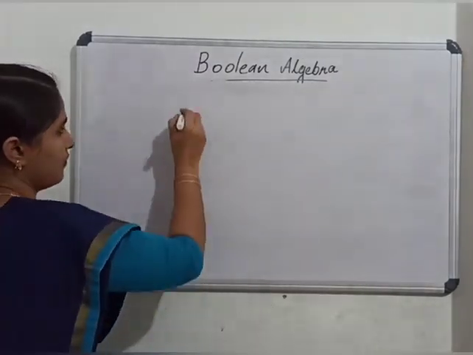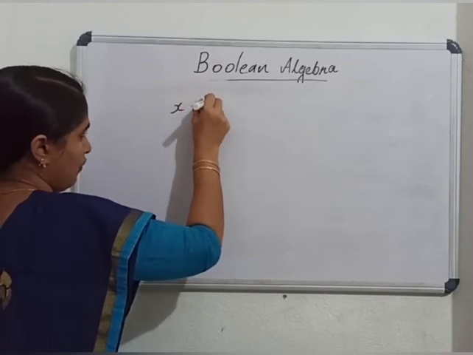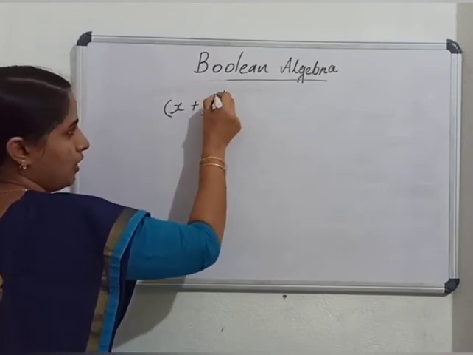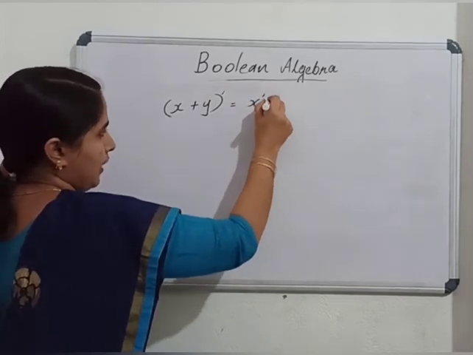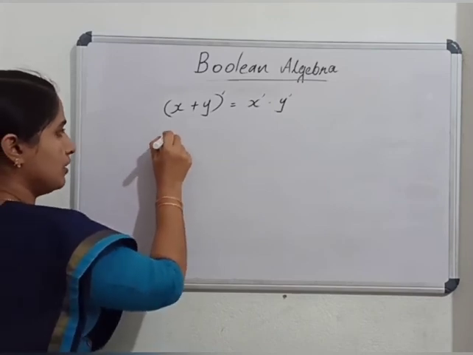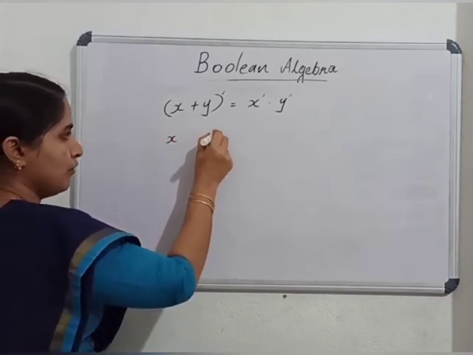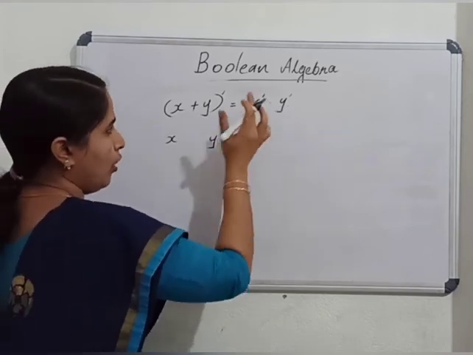Question is x or y whole bar is equal to x bar and y bar. We can prove it. One column for x, one column for y. And next we are giving priority for complement.